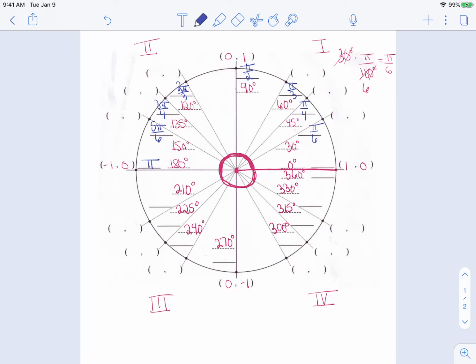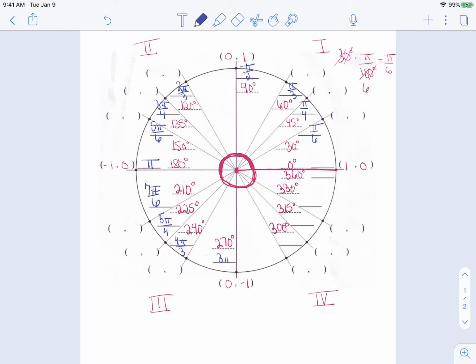This one would be 4 pi over 3. Oh, forgive me. Going too fast. This one would be 7 pi over 6. Oops. 7 pi over 6. This is going to be 5 pi over 4. This is going to be 4 pi over 3.